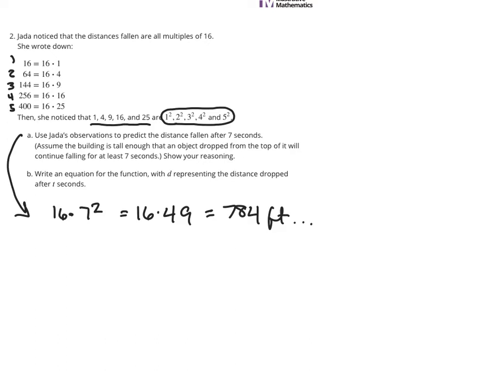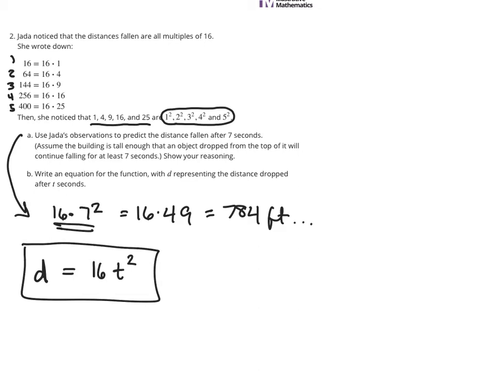But that's really interesting, right? I like how Jada thought through that. It was pretty sweet. And then write an equation for the function with d representing the distance dropped after t seconds. So we know the distance is going to be 16 times seconds squared, because that's what we did right there.